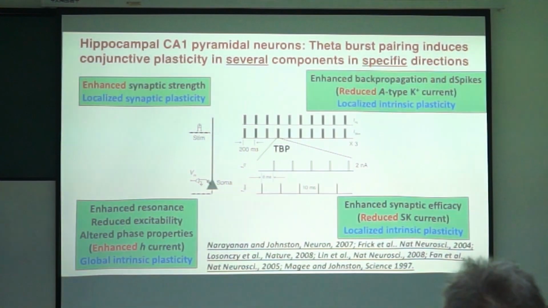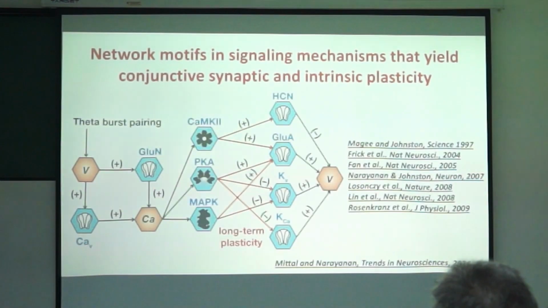This is what is called the theta-burst pairing protocol, which was thought to be an LTP protocol which changes only synapses. But when people, in the 90s and after, were able to record from dendrites, they saw that it was not just the synapses that were changing; the ion channels that were present there also were changing, for the same protocol, with no changes in the protocol.